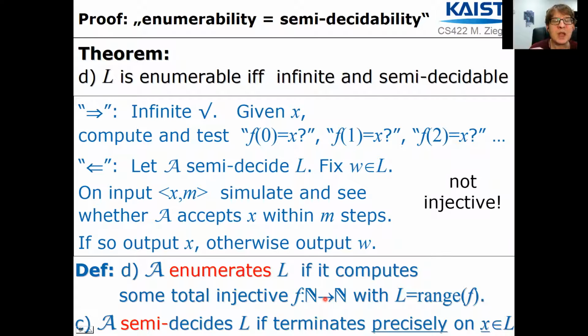But the point is, our new algorithm C will check for every new output computed by f of 0, f of 1, and so on, whether it is already contained in the list. If it's not, then our new algorithm C will simply output that element because it's new. It does not violate injectivity.